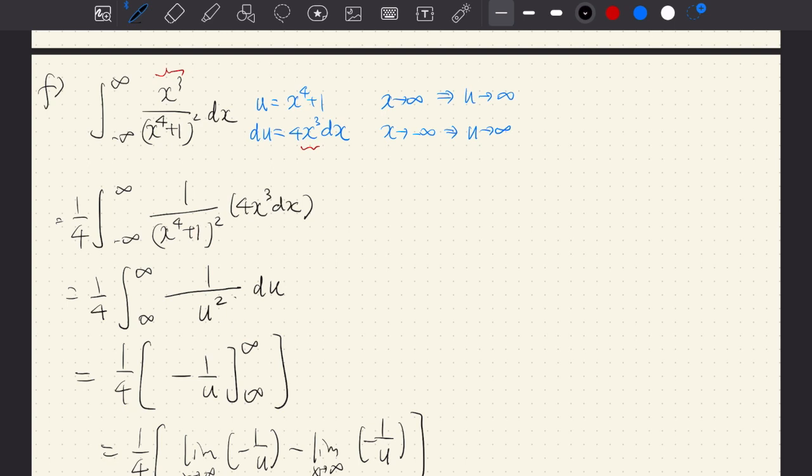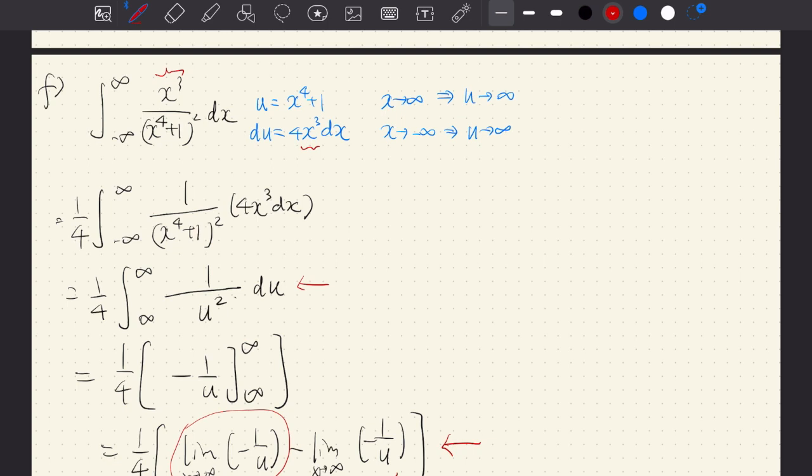Previously I said we should not just write this is equal to 0 right away, because it is actually defined by this expression, which involves two limits, evaluating a function at infinity. If this limit does not exist, then we cannot say that the improper integral is 0.